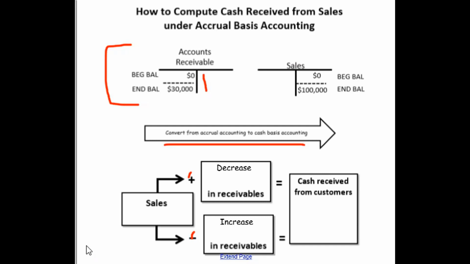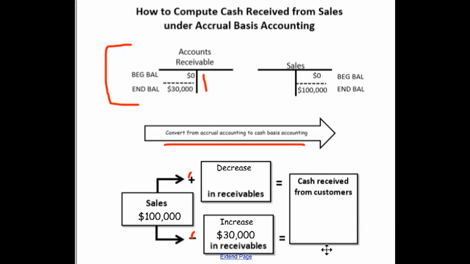So let's assume we have $100,000 worth of sales. Now we insert the sales in the sales box, $100,000. Now we have to determine whether we had a decrease or increase in receivables. You'll notice here we went from a zero beginning balance to a $30,000 balance in accounts receivable. That indicates an increase in receivables, so we'll insert that in the increase box.